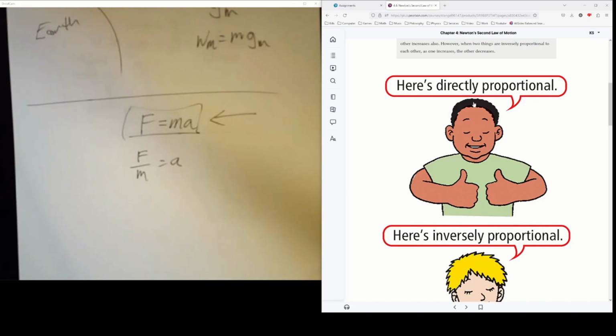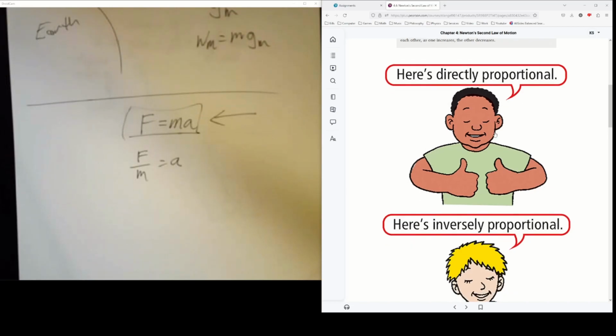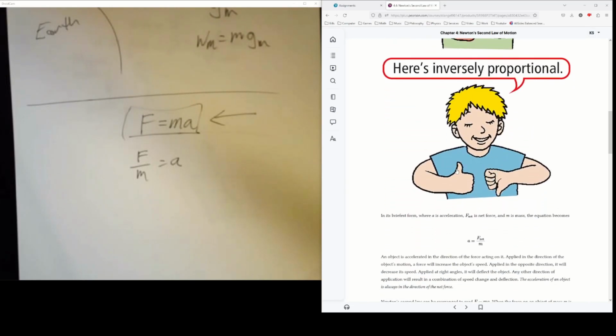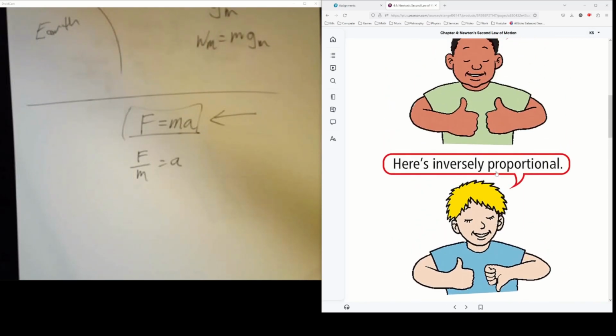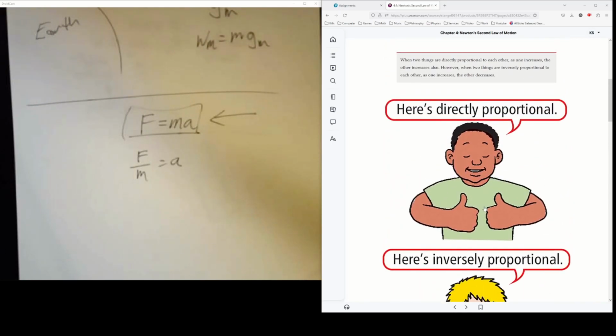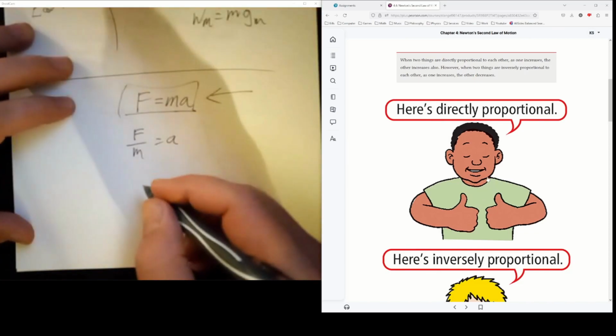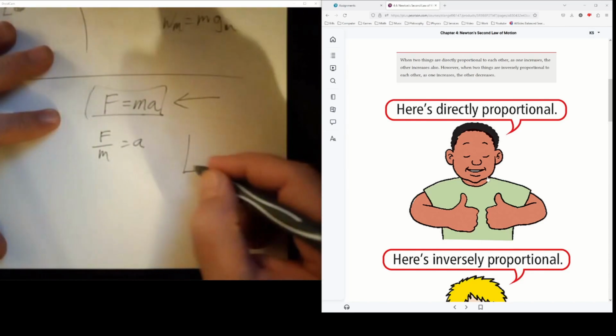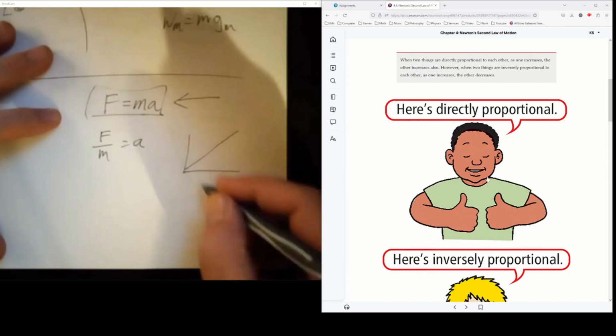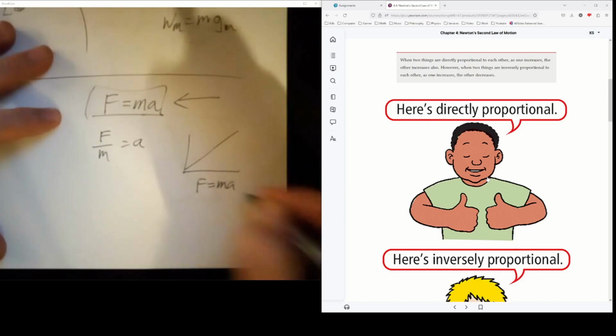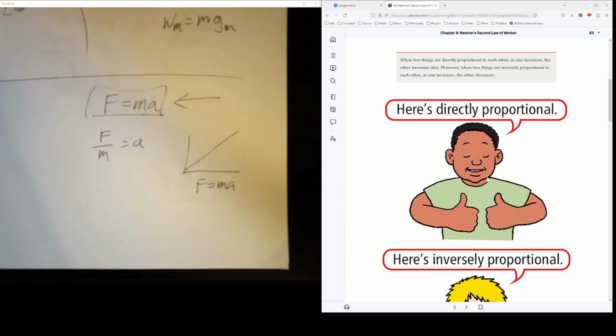Well, this is just some math stuff. Thumbs up and thumbs down. I guess they're talking about the numerator or denominator. Something that's directly proportional just means something that's linear. And in this case, F equals ma is directly proportional.